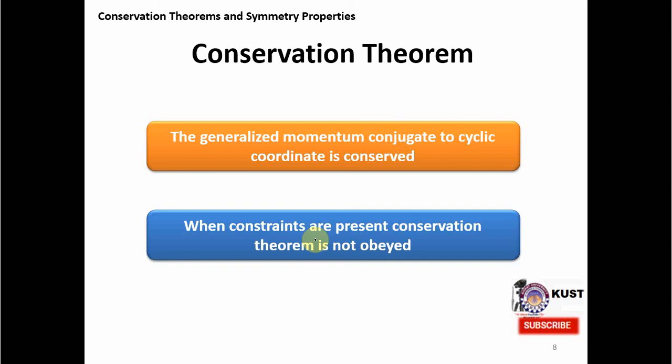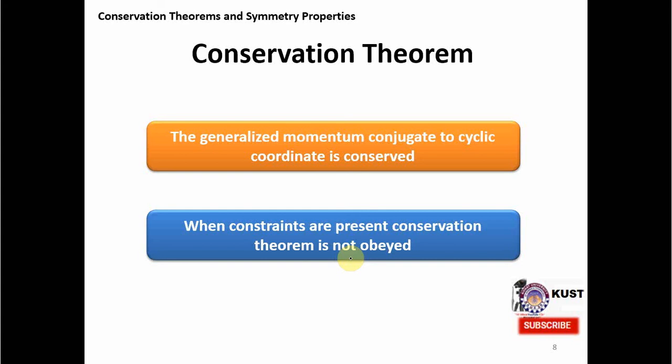It happens when there are constraints, because if there is a constraint in the system, then all the coordinates are not independent, they depend upon each other, and some coordinates are then cyclic because the particle or system does not move in that direction. So when constraints are present, the conservation theorem is then not obeyed.